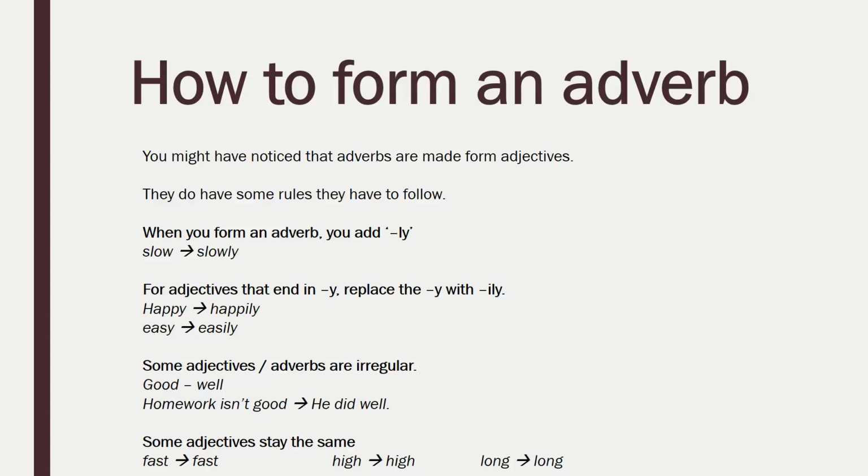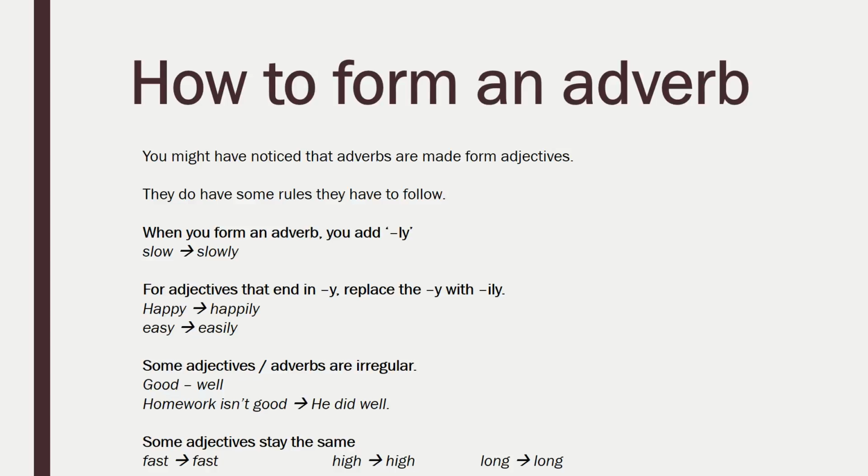Then some adjectives or adverbs are irregular. So they just change and there isn't really a rule for that, just like with the irregular verbs. The only thing that you can do is just study them and learn them by heart. For example, the adjective good, as in homework isn't good. Good says something about homework.